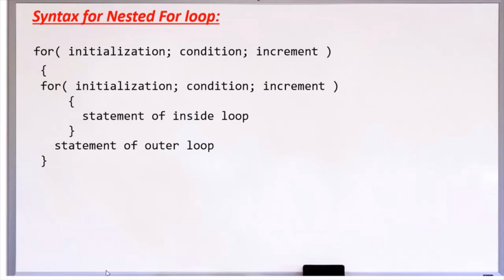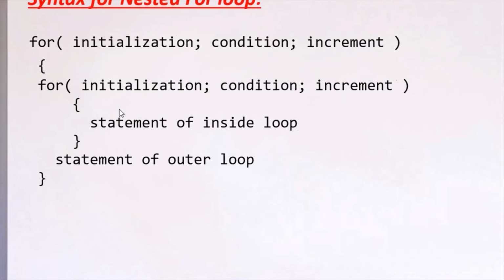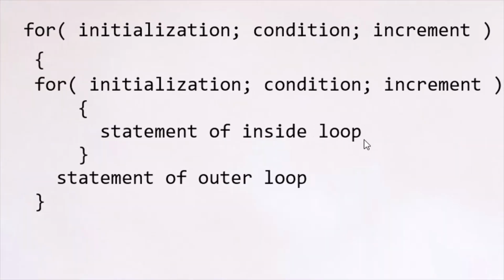We will do the practical part of when we use nested for or nested loops. There are some particular problems where we have to use nested loops. You can't use nested loops everywhere. Whenever there is such a problem, we use nested loops, whether it's nested while or nested do while.